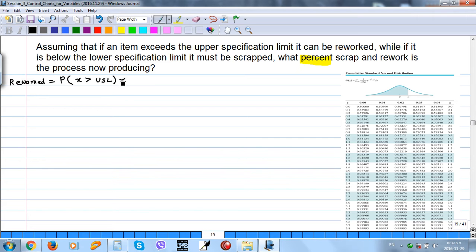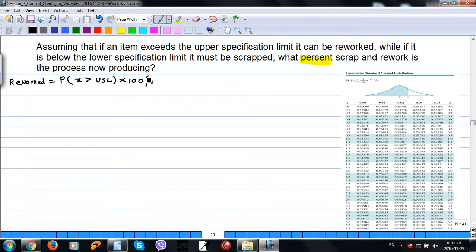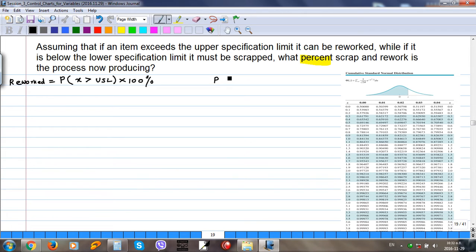So here we are asked for the percentage, so we need to multiply by 100%. If X is less than the lower specification limit, it is scrapped.